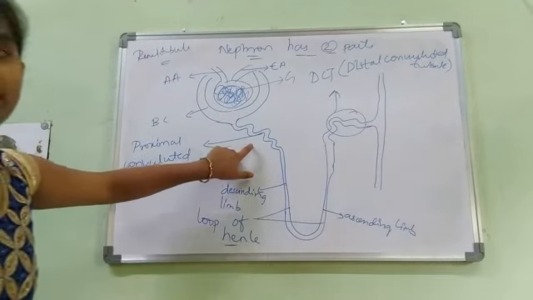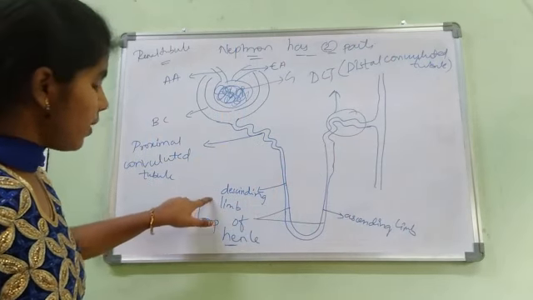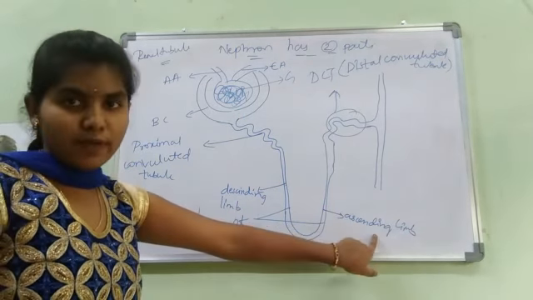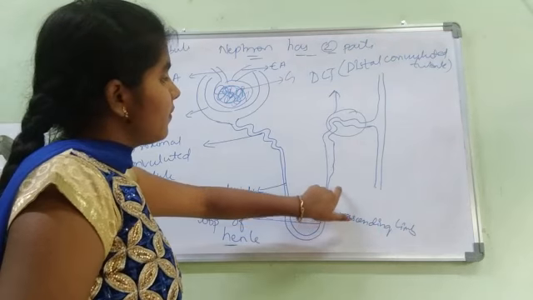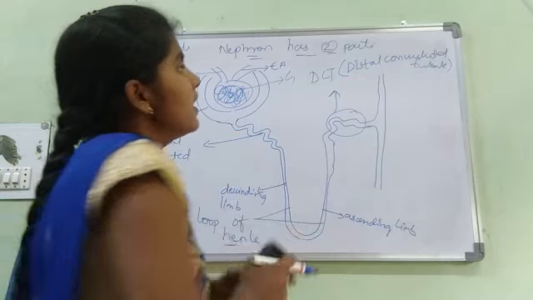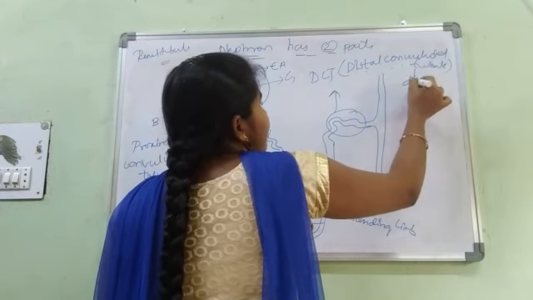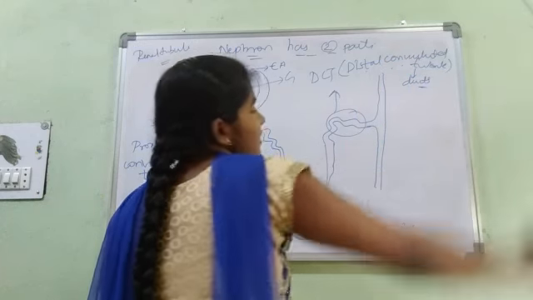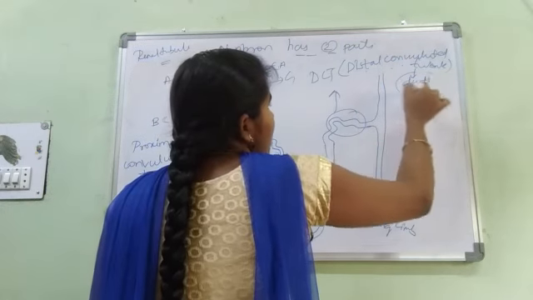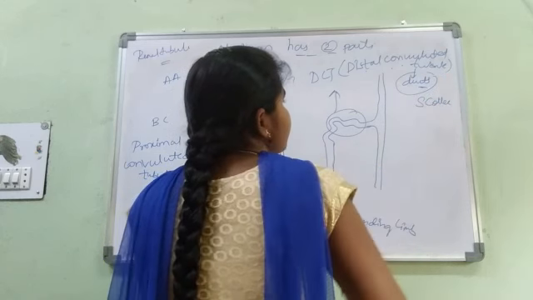Loop of Henle has two limbs, descending and ascending. This ascending limb further continues as a DCT. And this distal convoluted tubule has many small ducts. These many small ducts are united to form the straight collecting duct.